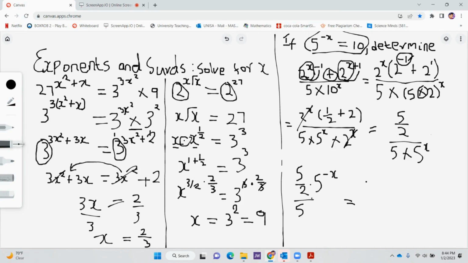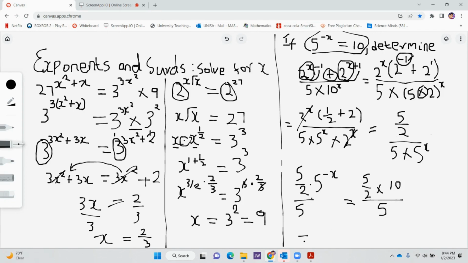Okay. So now we have 5 over 2 multiplied by there. 5 to the power of minus x is equals to 10. That's the reason why I took this to the numerator, so that this becomes a negative. So 5 to the power of minus x is given to be 10. Then we have over 5.